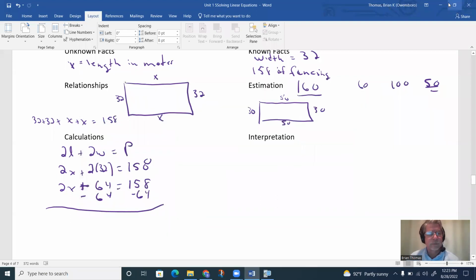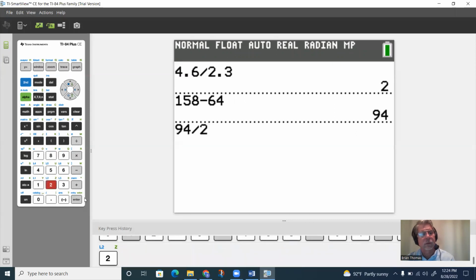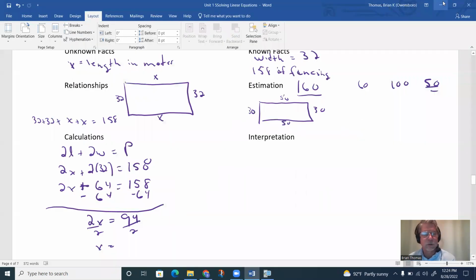So I'm going to have 2X equals 94. Then to get rid of the coefficient, I have to divide each side by 2. So 94 divided by 2, we'll let the calculator do that as well, is going to give me 47. So X equals 47.